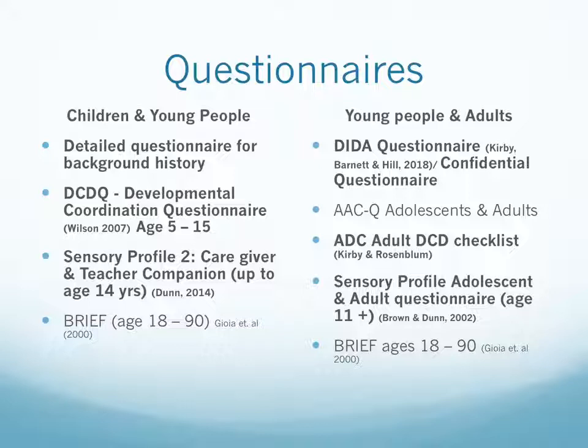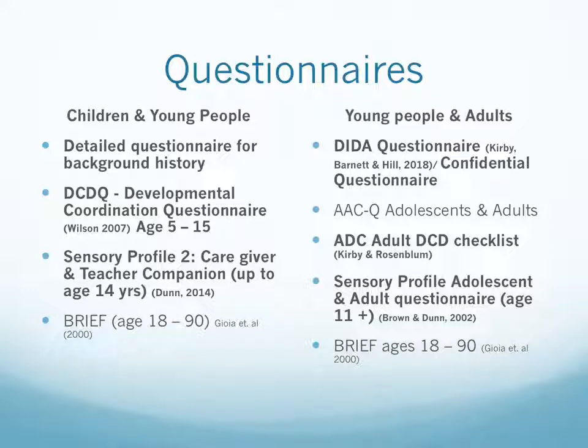Then at Dyspraxia UK, we always use a sensory profile checklist for both age groups, just because we find that nearly anybody with changes in their motor coordination nearly always has changes in their sensory symptoms. The systems are so inextricably linked. It just gives you more information.